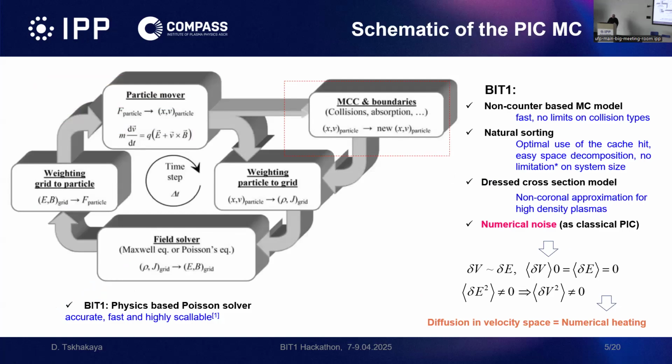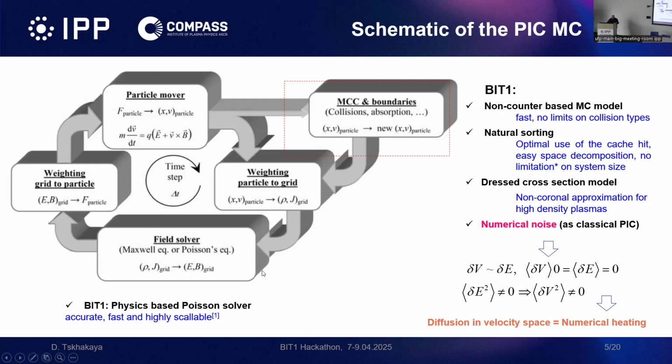Now, a more detailed picture of the particle-in-cell codes. As I said, you have a particle mover, which advances particles in time, using these equations for velocity and acceleration. Then, if you have no collisions, you have weighting of particles to the grid, so you have to give their density or current density to each grid cell.